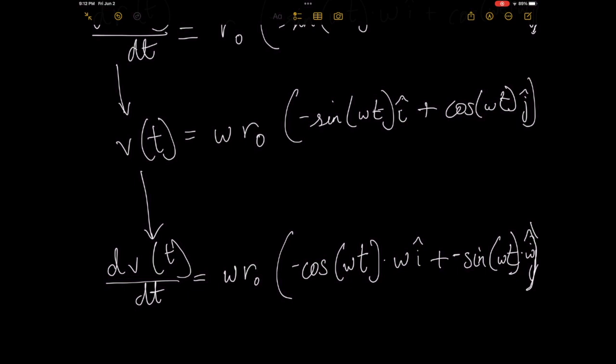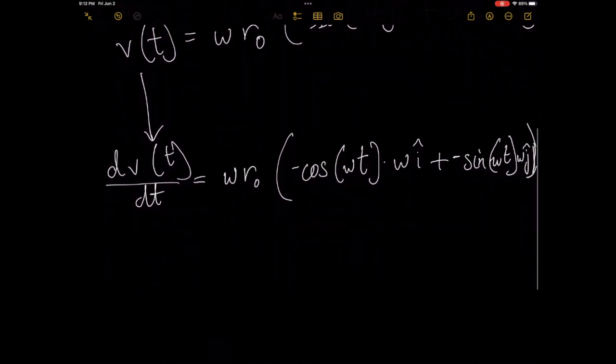Let me write that neater. There we go. And so, as you can see, we can factor out another omega, and we can actually factor out a negative one as well.